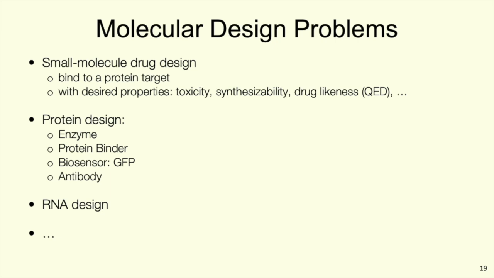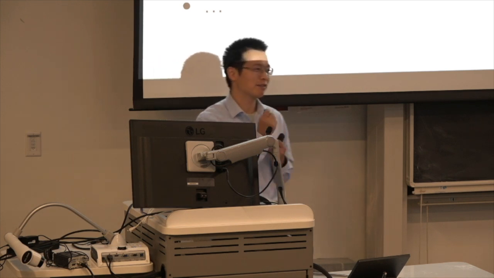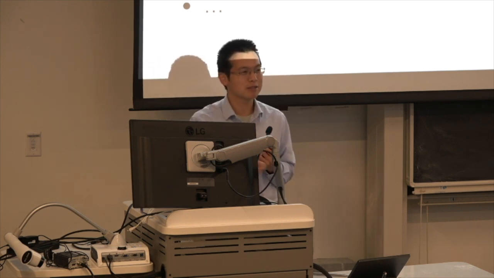There's also RNA design, for example, RNA for vaccine purposes. For the remaining time, I will mainly talk about protein design. We have some work on small molecule design as well, so if you are interested, you can look through my website to find the paper.